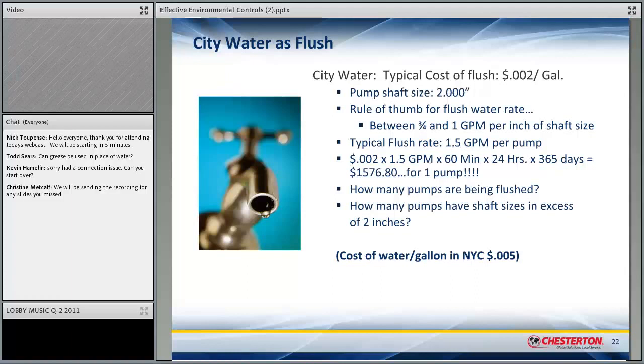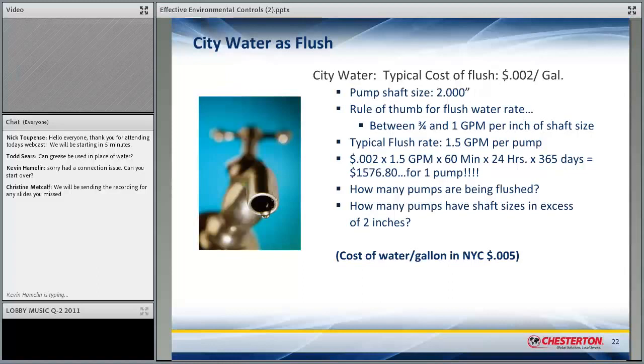So within a treatment plant, for example, how many pumps are being flushed? In fact, how many pumps have shaft sizes in excess of 2 inches? As we increase the shaft size of a given pump, the amount of flush water required also has to go up. So the cost can be very, very significant.